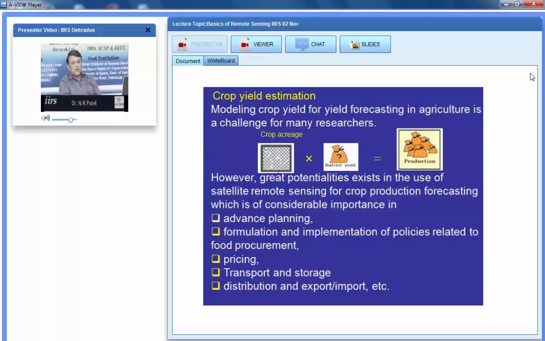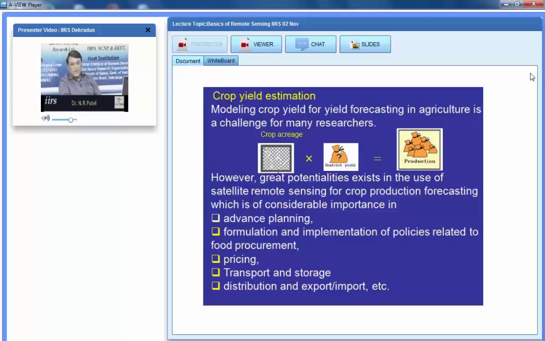By multiplying crop acreage with the district level yield, we can get crop production. But the question arises in everybody's mind: why do we need an advance forecast of crop production? There are different potentials for using this for society as well as policy making decisions.